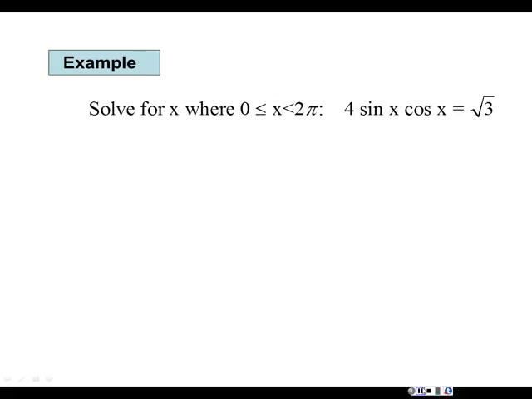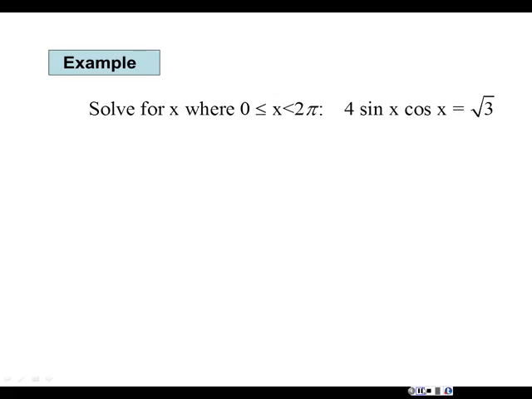No? Are you sure? For this one, is there anything there in the last page? For 2 sine x cos x, we can write sine 2x. There is a formula in the double angle formulas.